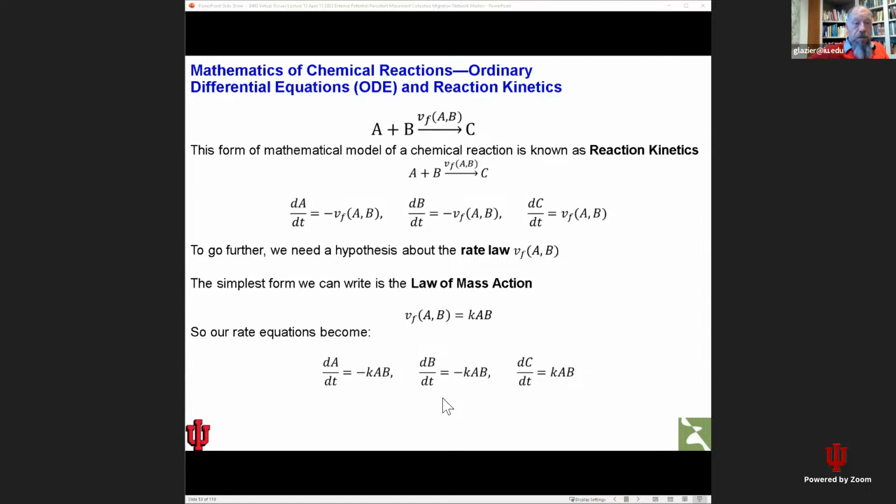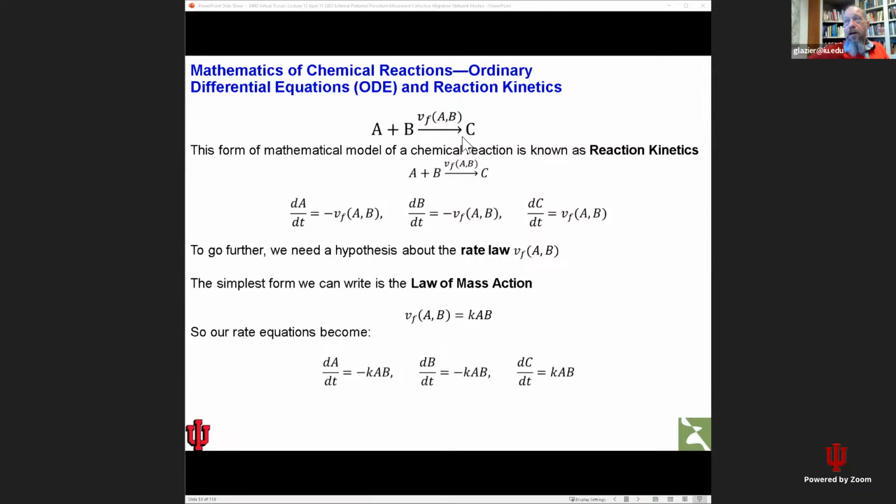If we're going to talk about chemical reactions, there's one fundamental place to start, which is the conversion of an arrow diagram like A plus B goes to C into a set of ordinary differential equations.